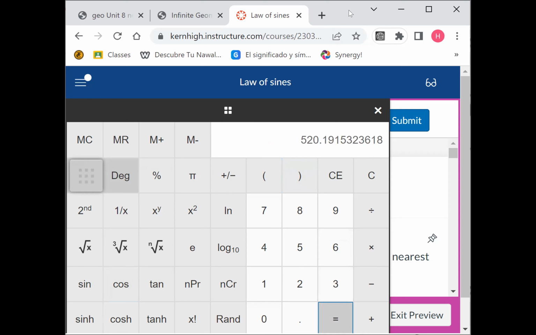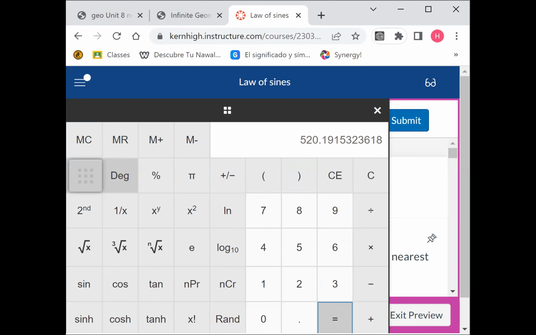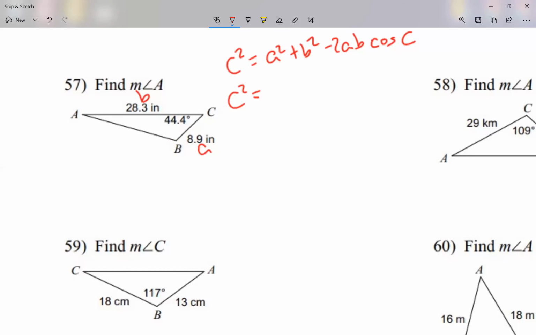So I'm going to say C squared is 520.1915.